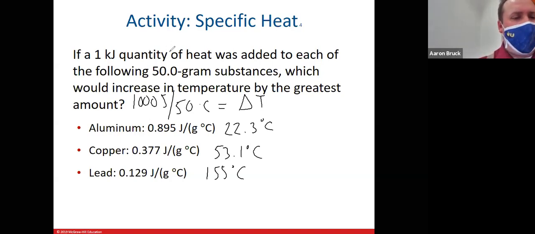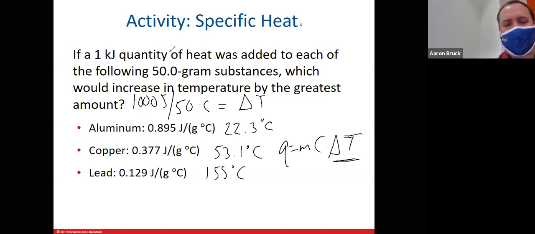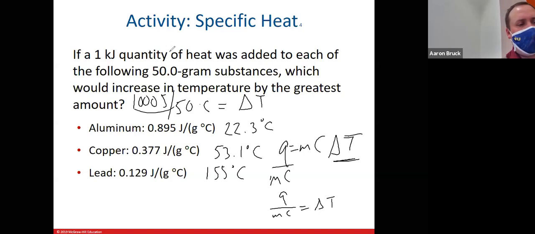So how did I get these numbers? Keeping in mind our equation, Q is equal to MC delta T. If I'm trying to isolate delta T, I'm going to divide each side by M and C. So Q over MC is equal to delta T. The Q is my 1,000 joules.